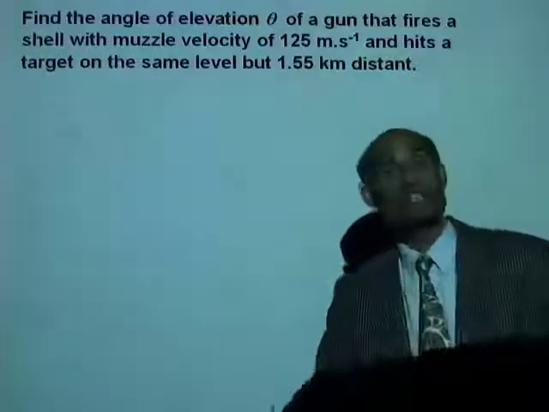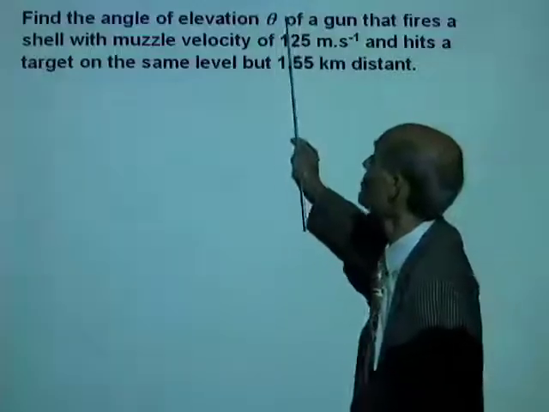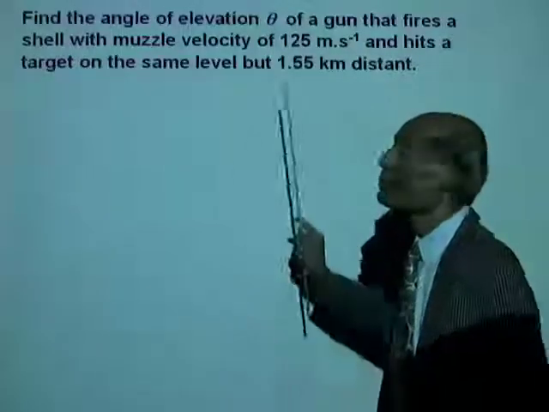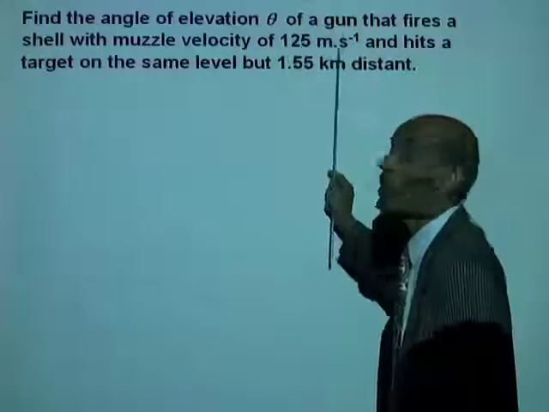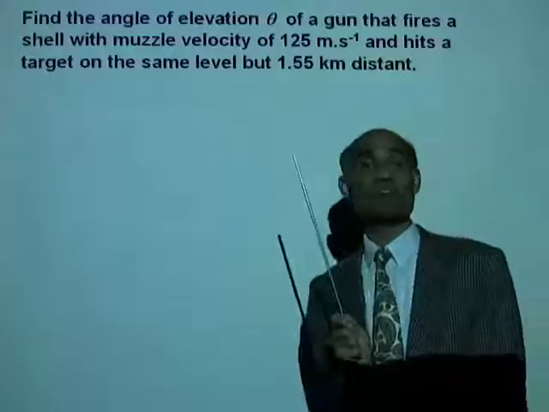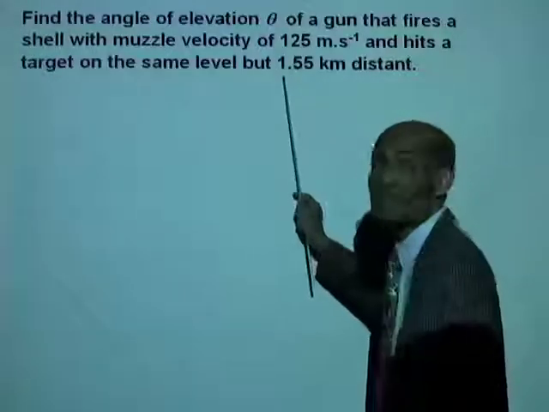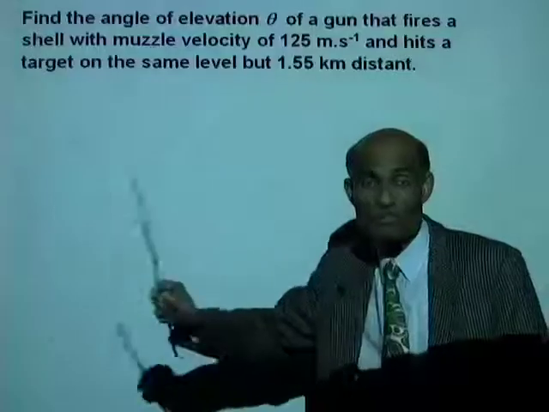Well, what are the given data we have? We need to find the angle of projection theta. We know the velocity of projection V0. V0 is 125 meters per second. What else do we know? We know the horizontal range, the horizontal distance traveled.